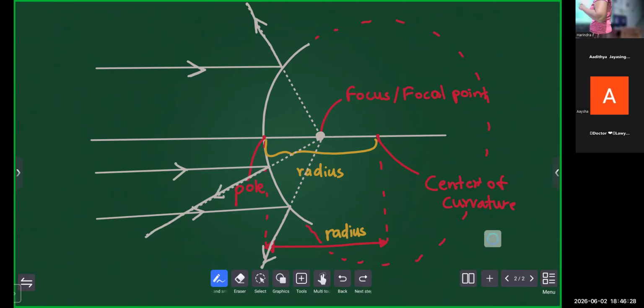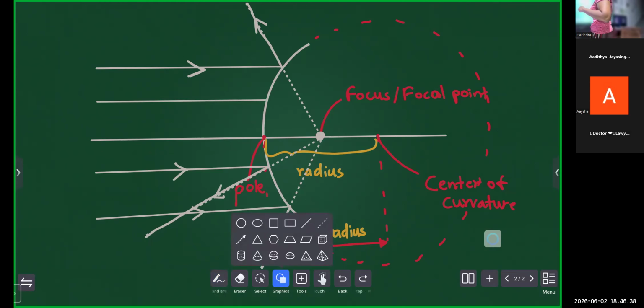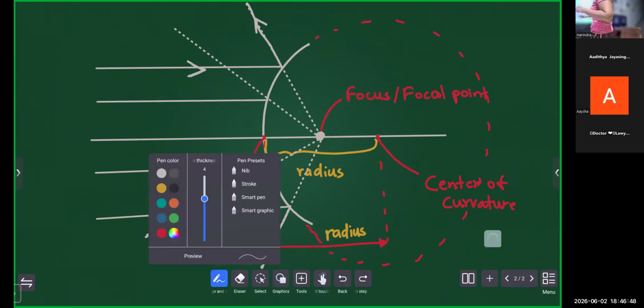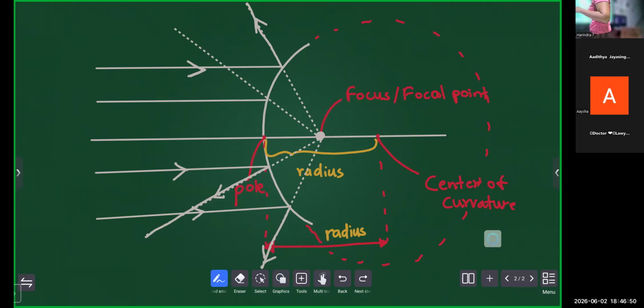Let me draw another one. Hope you understood. Do you understand, Aditya? Does everything make sense? Is there anyone who doesn't understand? Yes. And from this focal point to this point, I have to draw the line and extend it further, and complete this line. Like this. My lines are not straight, please excuse me.